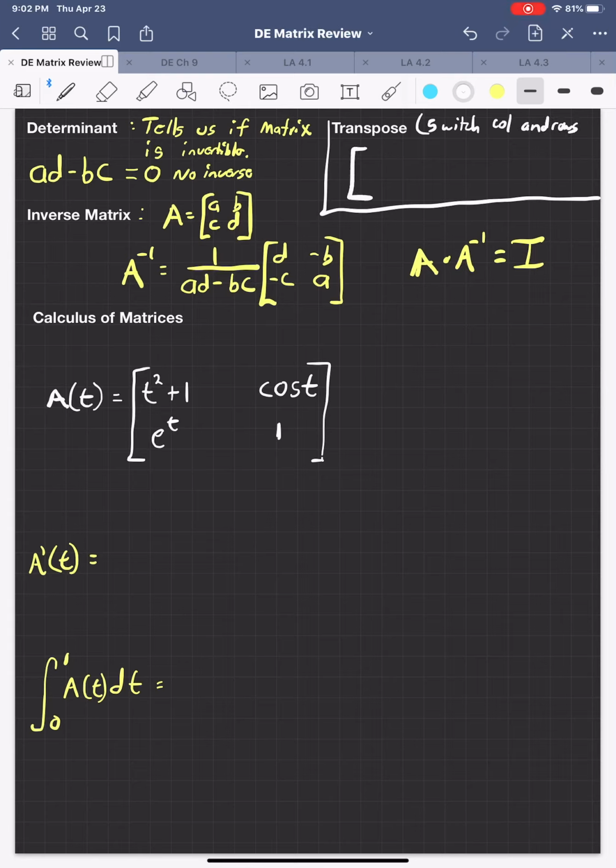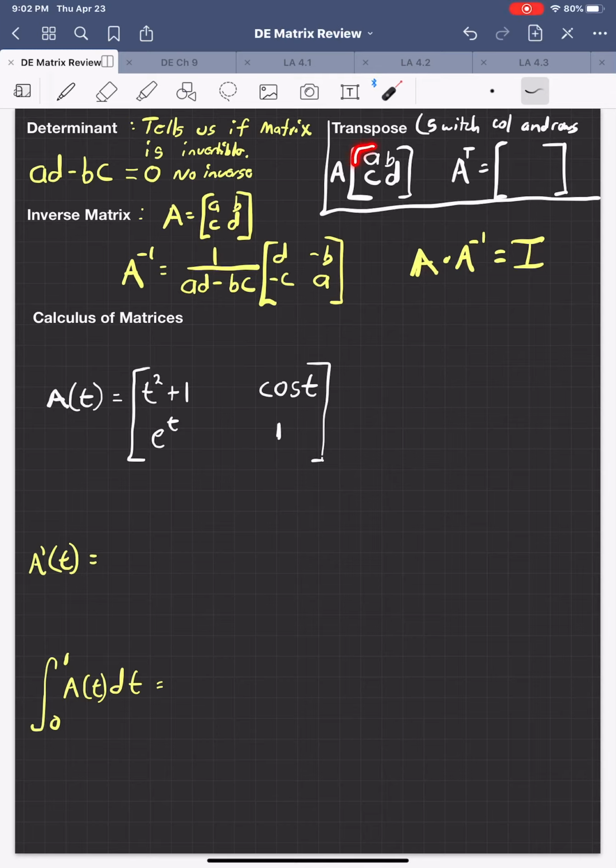So if I were, again, using matrix A, which is A, B, C, D, then A transpose, what's going to happen here is the columns of matrix A will become the rows of A transpose.